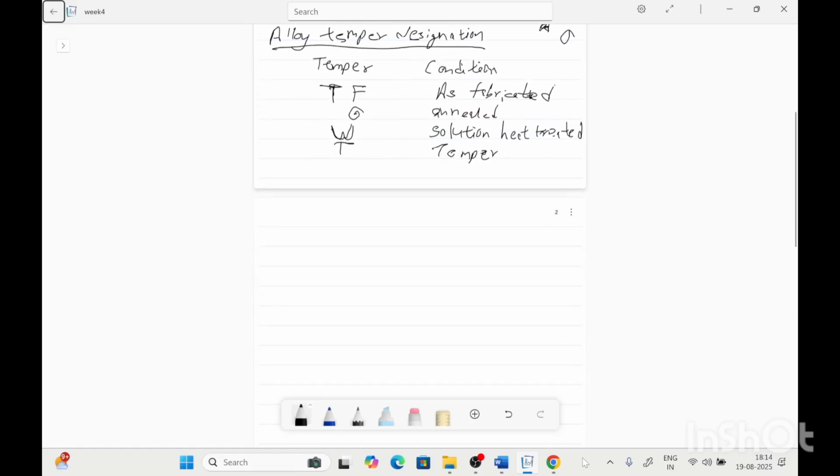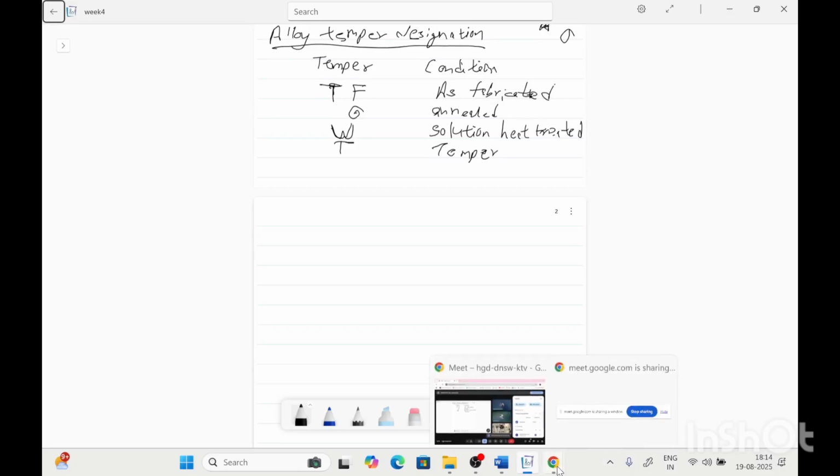The T is further classified into different conditions.